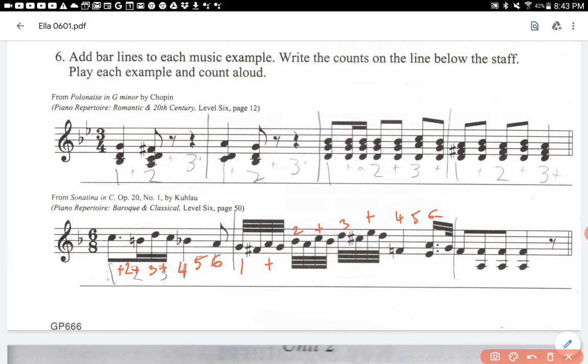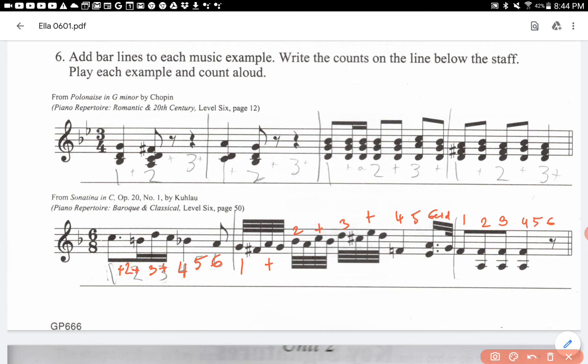So if you subdivide the speed, it's going to be 6 E and, sorry if it's not very clear. Again, this is going to be 1 and 2, 3 and 4, 5, and this is going to be your 6. Okay, let's see if we can clap this part.